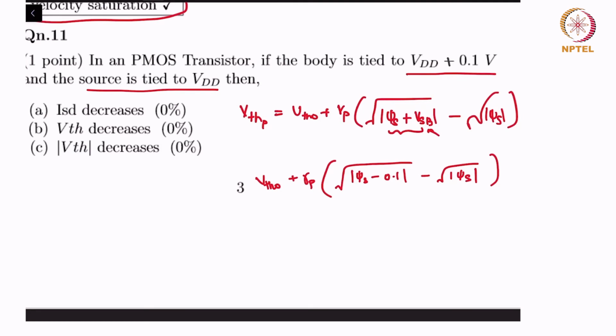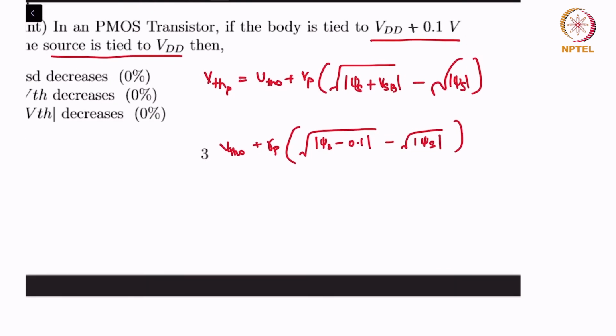Yeah, so in question number 11, we are given that the body is tied to VDD plus 0.1 volt and the source is tied to VDD. What happens to the threshold voltage and the source to drain current? So in this question, we can analyze straightforwardly from the threshold voltage equation.